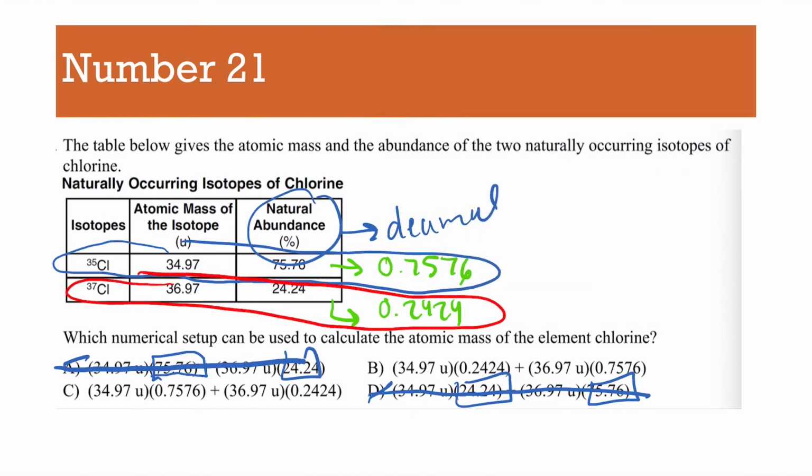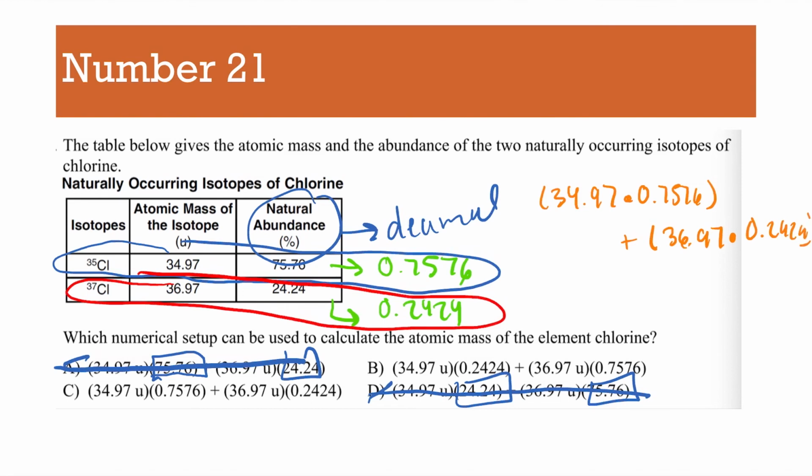So if we write down our work, get a different color, get 34.97 times 0.7576 plus your 36.97 times 0.2424.